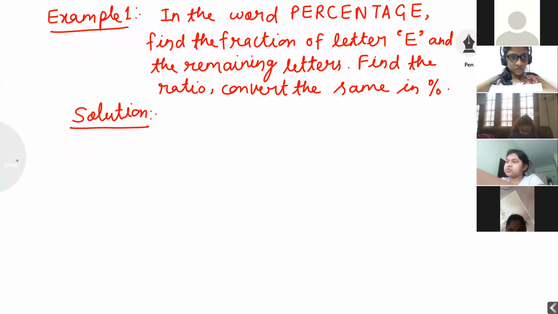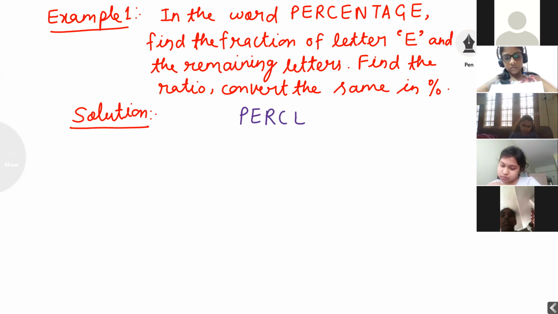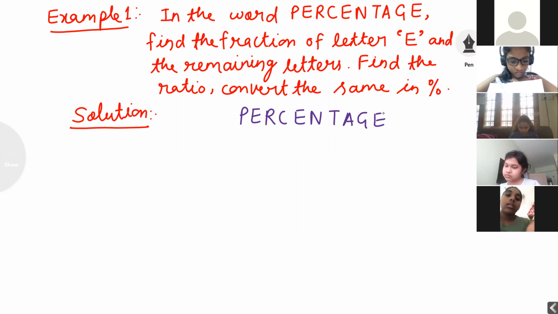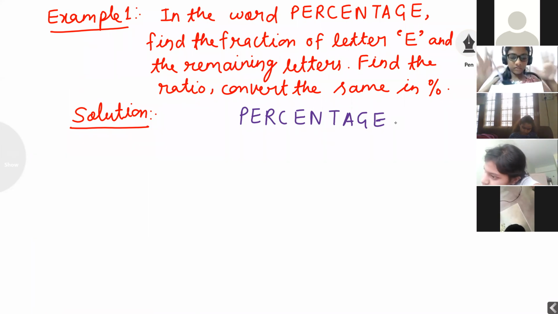He has given the word percentage. Firstly, I want to write the word percentage. I want to count in total how many letters are there in percentage. How many letters are there? 10 letters are there, right? Note down.